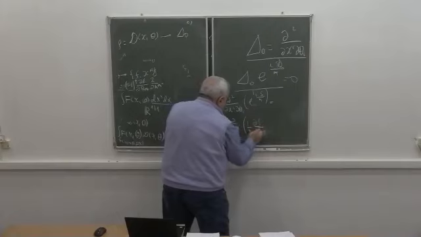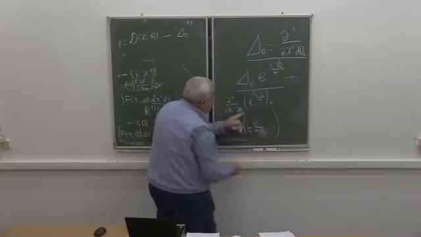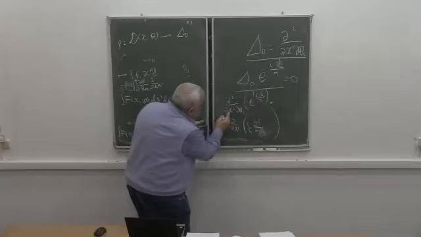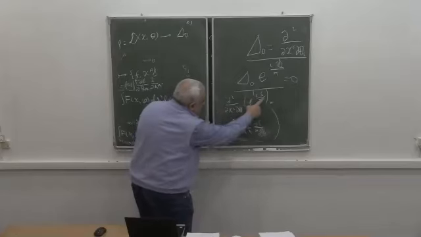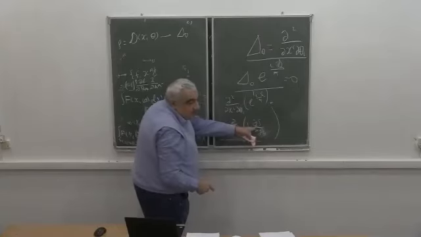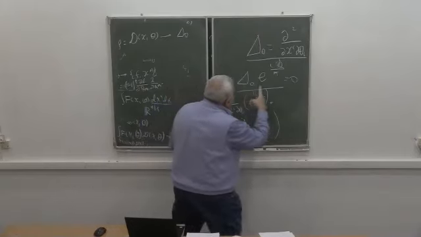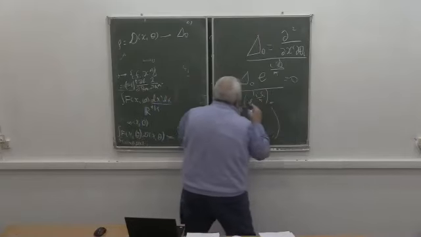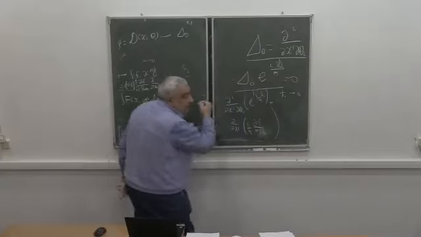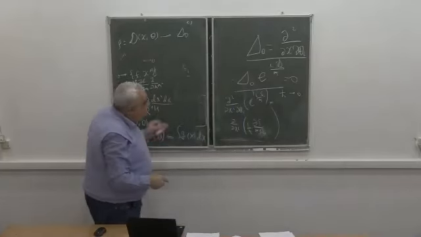Then if you collect the terms of order h, the order h term is the same as this. It is the quantum equation. If h goes to 0, it goes to the classical equation.